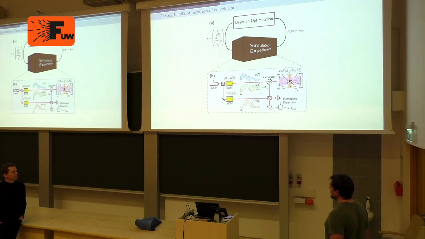For instance, if I can rotate the polarization of the light, I can maintain the same mechanical frequency, but I can change the coupling rate almost instantaneously, or as fast as I can rotate the polarization.